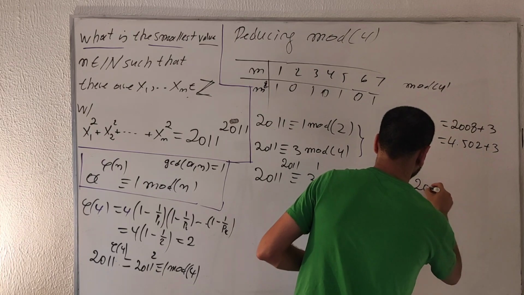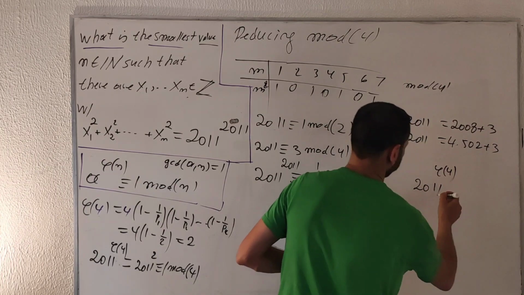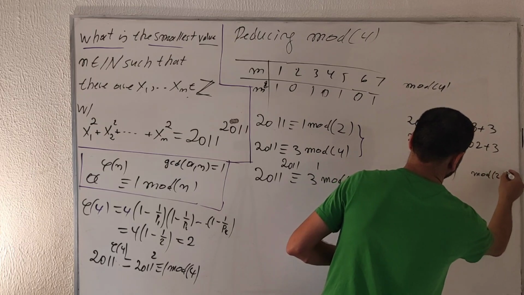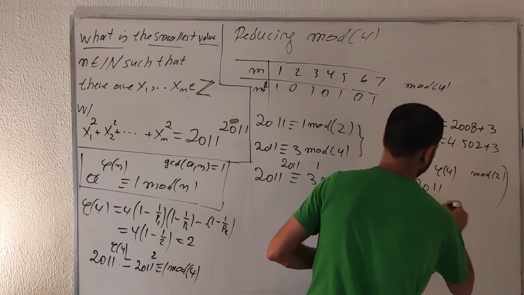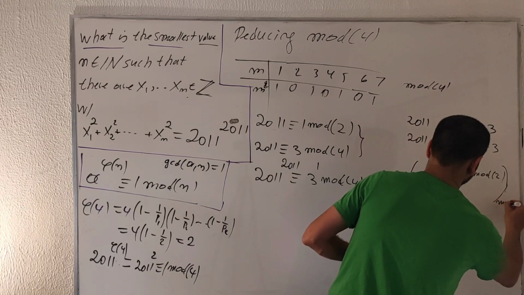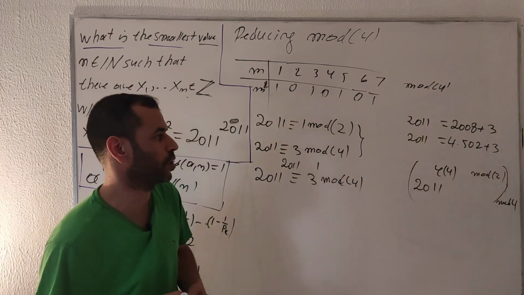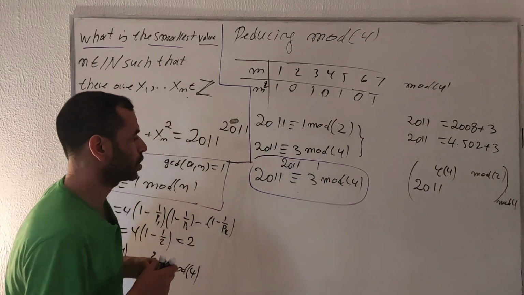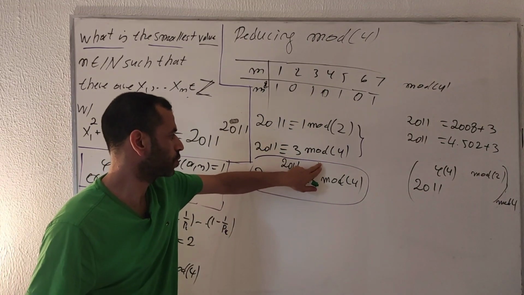The first level, the exponent, is reduced to mod 2. The base level is reduced to mod 4. That's what we have applied here, and it gets us to this one, so we get 3 as a remainder.